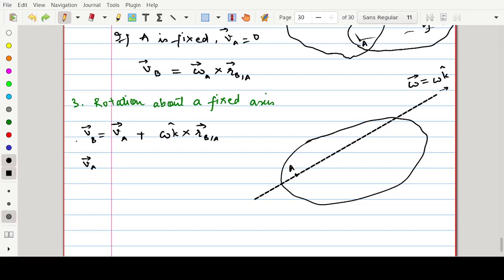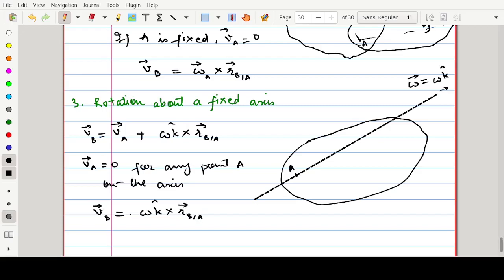VA is 0 for any point A on the axis. So velocity of point B will be omega cross R B A. If you put your origin at A, then this will be simply RB because RA will be 0.